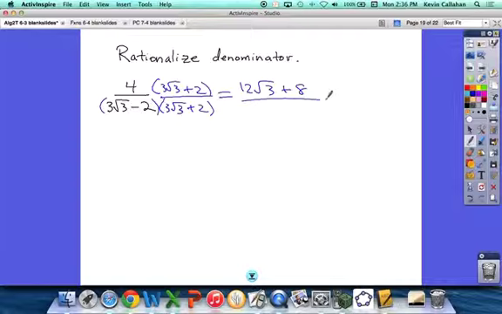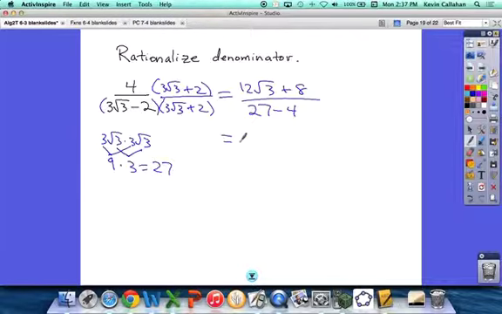What is 3 root 3 times 3 root 3? 3 times 3 is 9, and root 3 times root 3 is 3, which is 27. And then the negative 2 times positive 2 is minus 4.